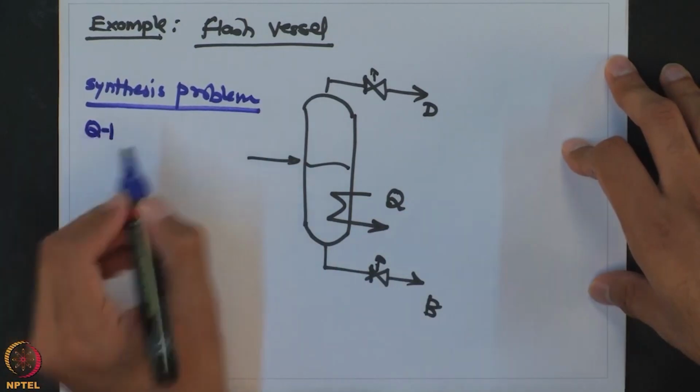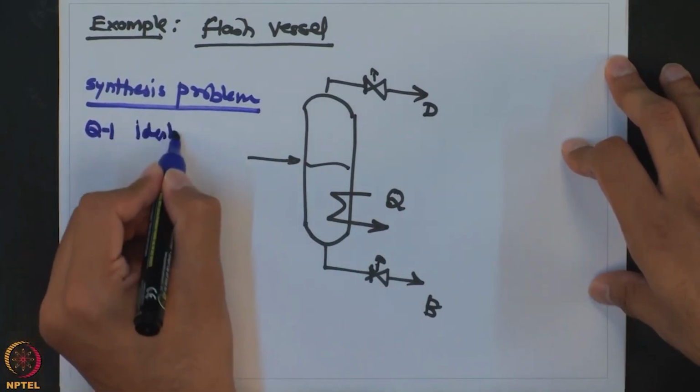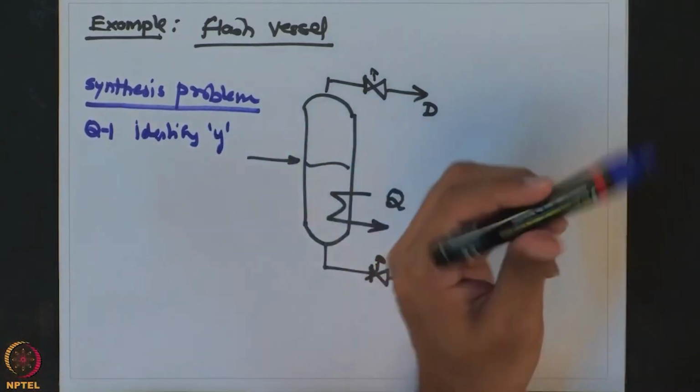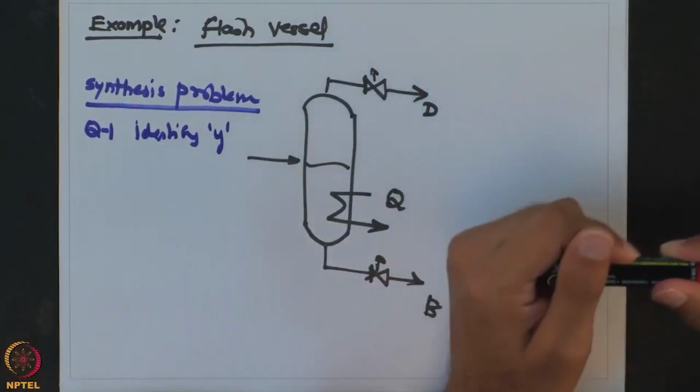Question 1 was identify the controlled variables. Let us first ask about the primary reason for this particular piece of equipment. We are using a flash vessel because the stream which we are getting probably has multiple components, and we want to separate it into two phases such that each of those phases is richer in one of the components.